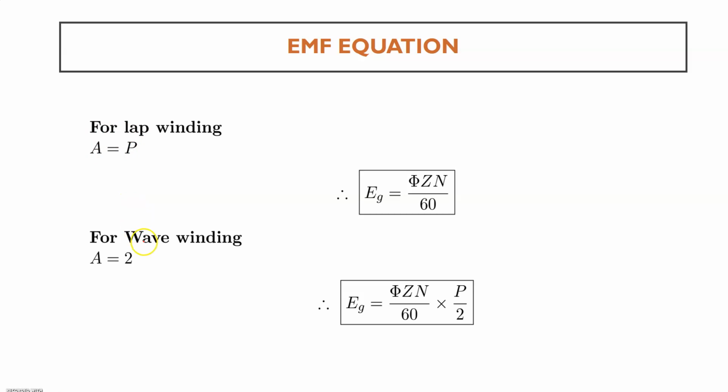If the problem says wave wound, then use A equal to 2. So these are the two equations for the two conditions.